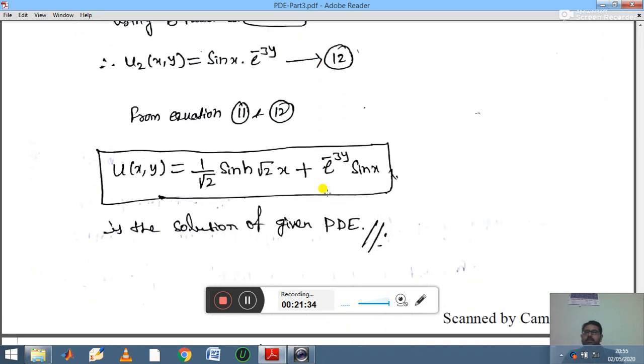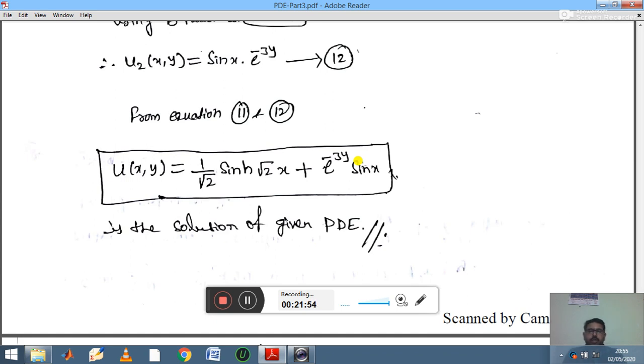If you write u of x comma y is equal to, this is your u1 value, 1 by square root of 2 sinh of square root of 2 into x, plus u2 value, sin x into e power minus 3y. So this is the complete solution of the given second order partial differential equation.